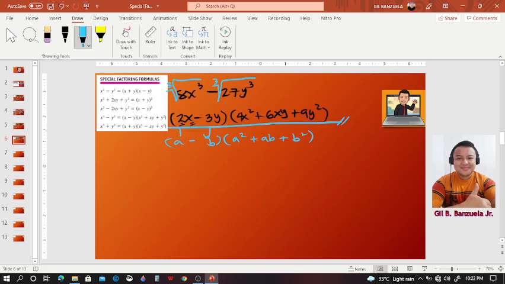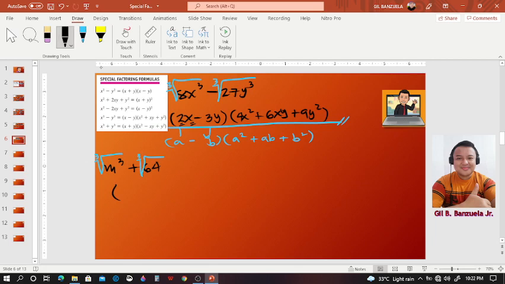So, ganyan din yung gagawin natin on the sum of two cubes. So, let's try an example. Supposing I have m cubed plus 64. Alright? Again, we have to check if the given terms, the first and the second term, are perfect cubes. So, for us to test that, we simply ask what times what times what for us to have m cubed.